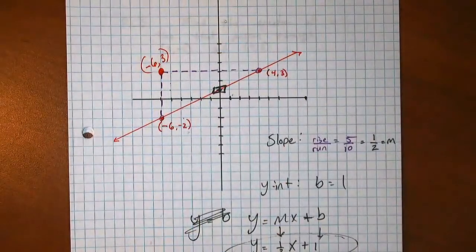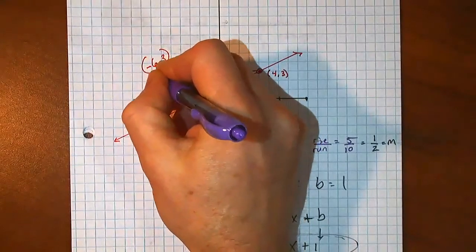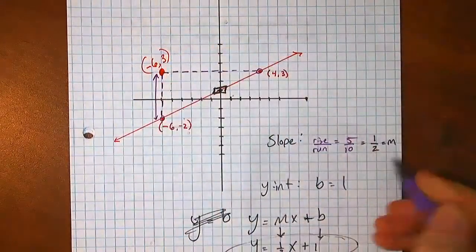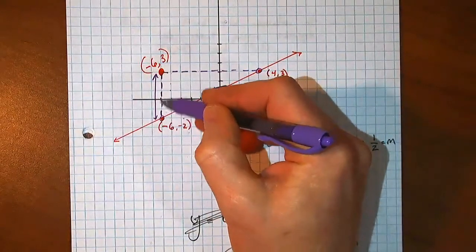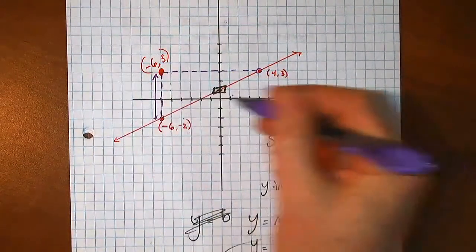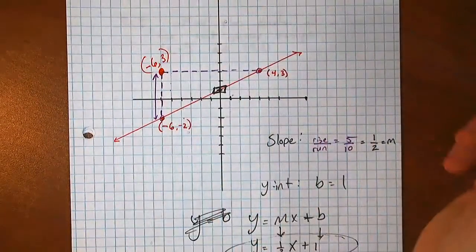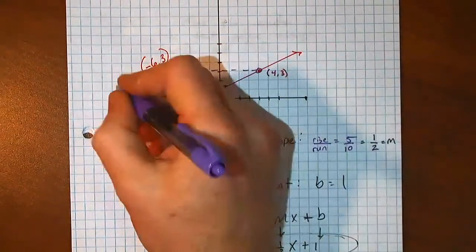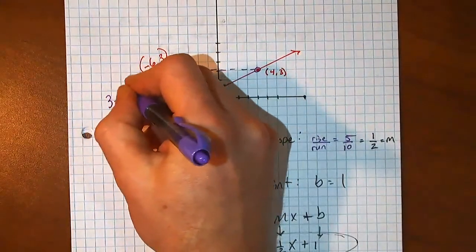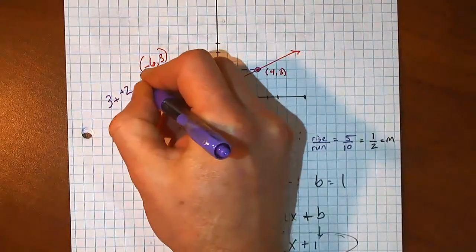Okay. Now, what I want you to notice is that for my rise, for this distance right here, the -6 doesn't change, right? Because we're just going straight up. So the x value doesn't change because we're not going over. But the y numbers, they change. And if I subtract the two y numbers, 3 minus -2, that gives me 5.